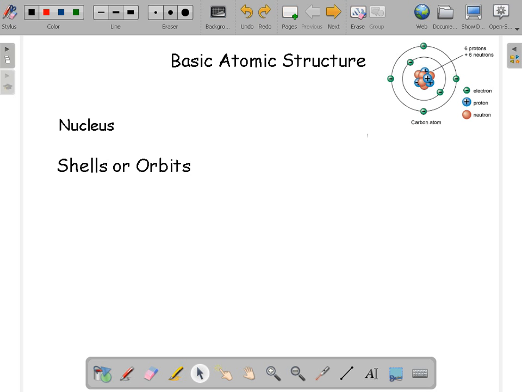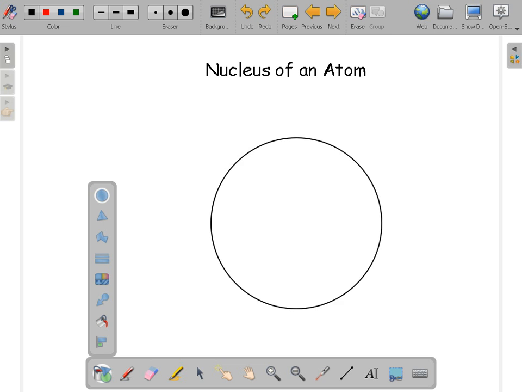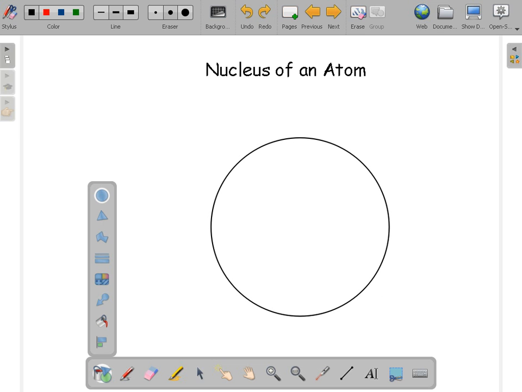Now we're going to talk about nucleus first. So guys, nucleus of an atom. Now we're going to talk about nucleus of an atom in more detail, so we have an idea about its structure. First of all, let's draw the nucleus first. So we have this central space within an atom.